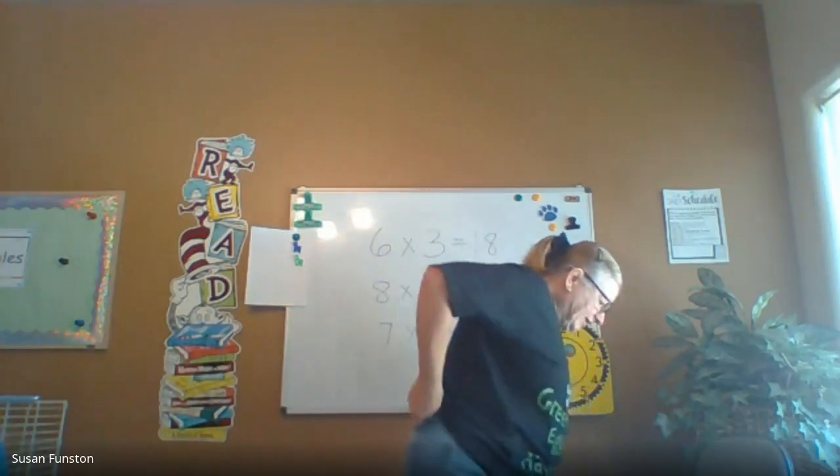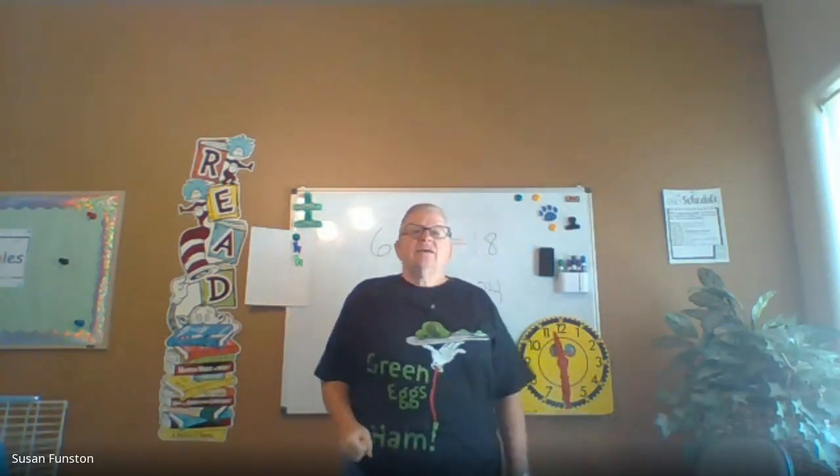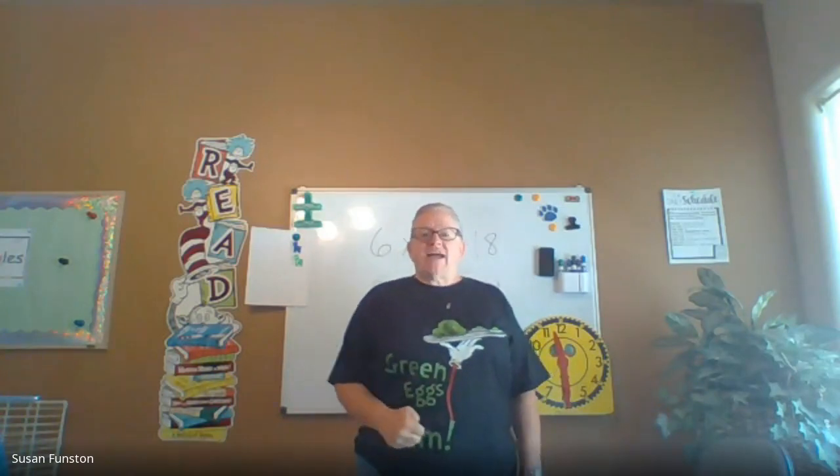All right, let's practice counting by 2s. We are getting really good at this because we've practiced this one a lot. Okay, ready? So we're going to go fairly fast.